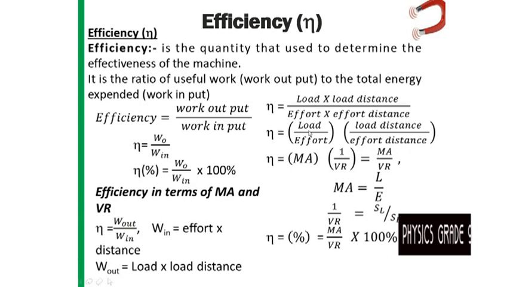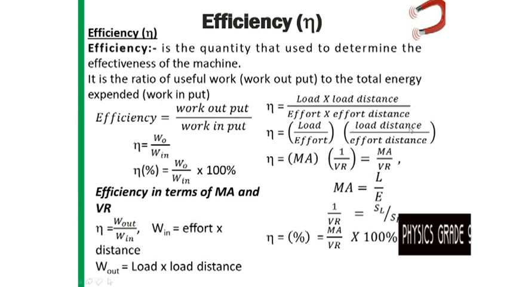Now, if you remember the expression for mechanical advantage, that could be written as the load divided by the effort. And also, if you remember, the velocity ratio is written as the effort distance divided by the load distance.